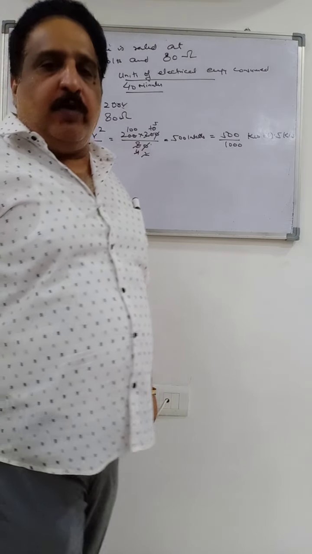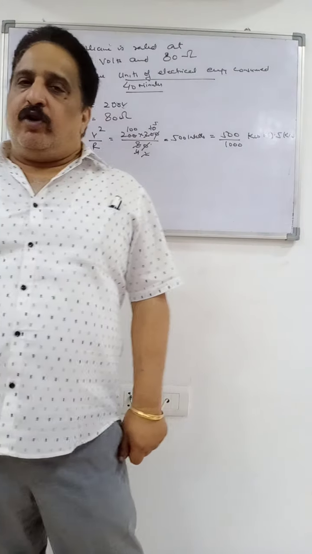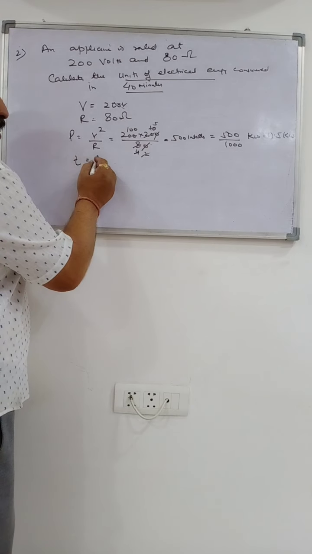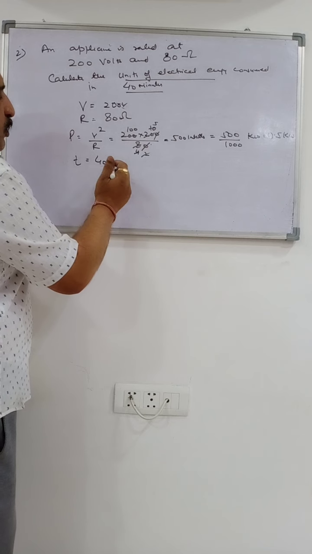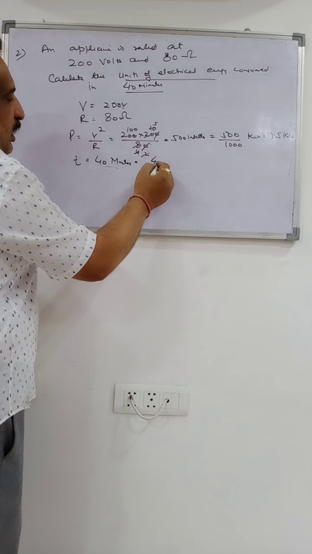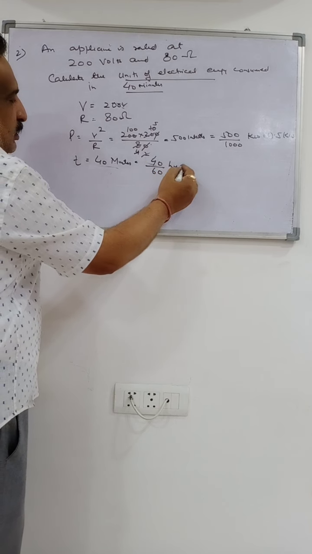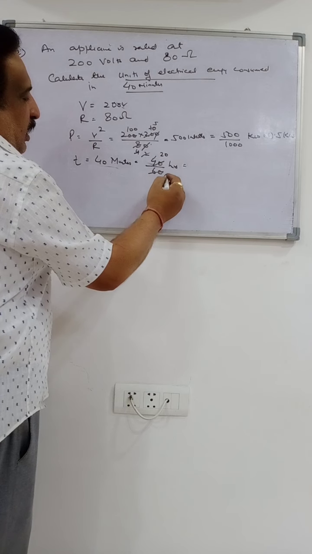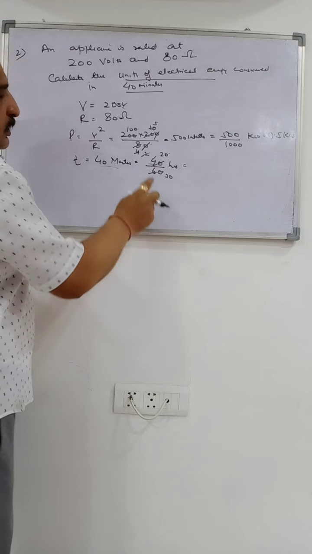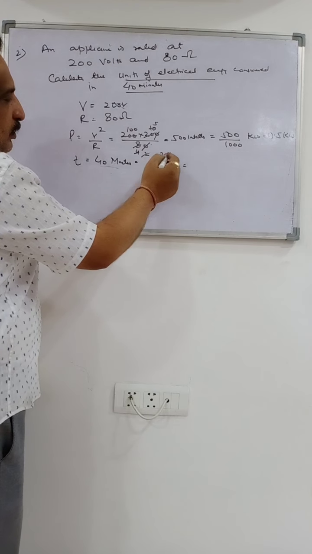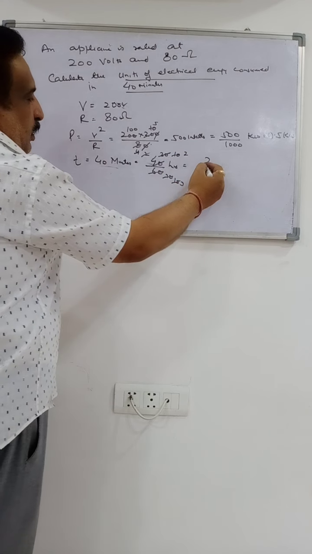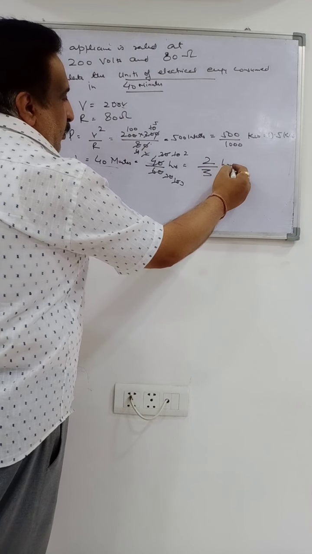Why have you changed to kilowatt? Because you need the answer in kilowatt hours. So power is 0.5 kilowatt. Time is 40 minutes. 40 minutes means you have to change these 40 minutes into hours. 40 upon 60 hours is equal to 2 by 3 hours.